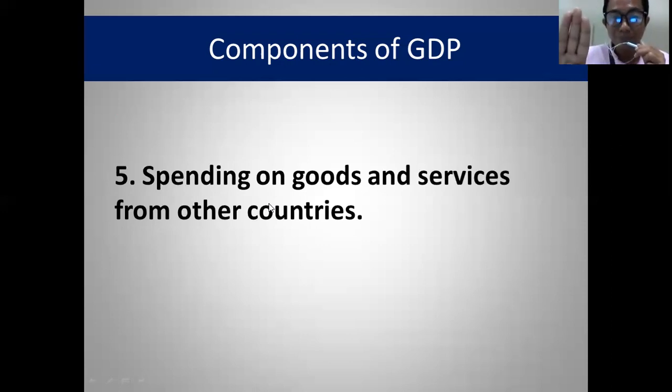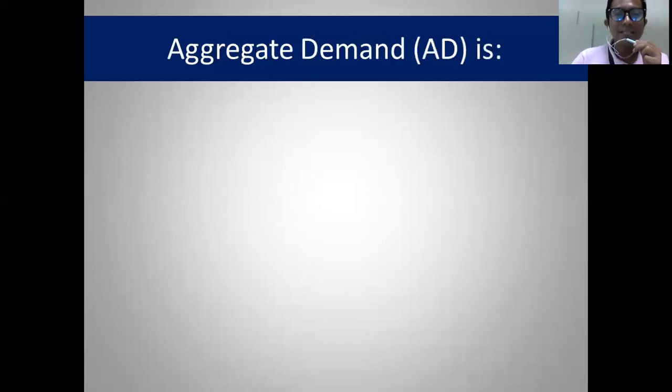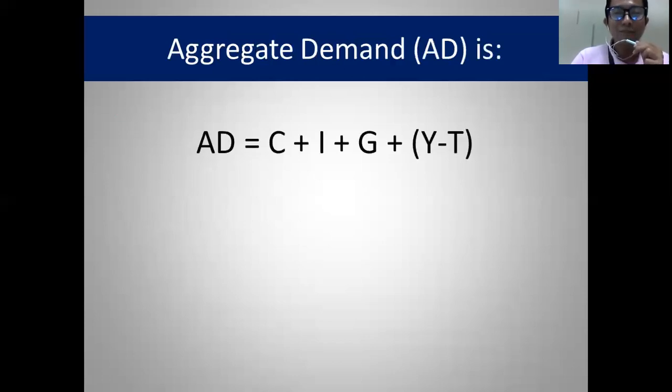Fourth, net export. And fifth is this, the spending on goods and services from other country. These all comprise the formula of computing aggregate demand, which is also the formula of computing gross domestic product.